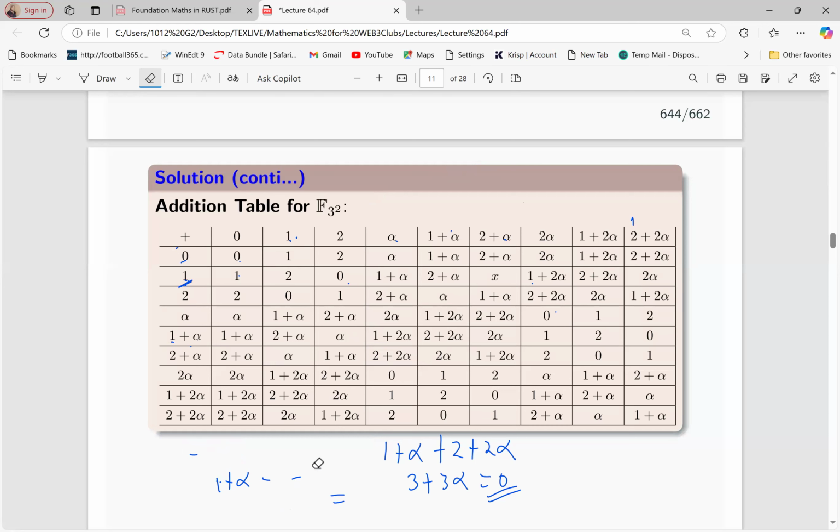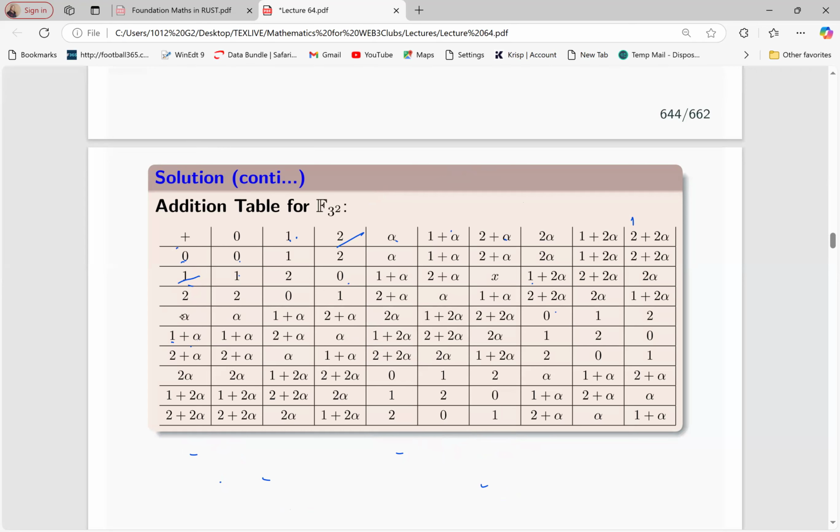If A plus B gives you 0, then we say that A is the inverse of B, or B is the inverse of A. So very fast, we can identify that the inverse of A, therefore, is 2.